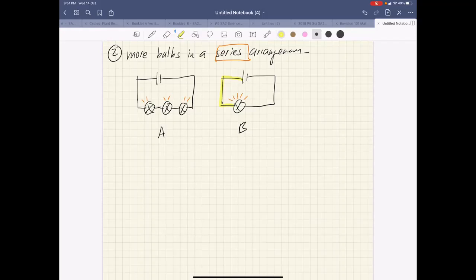In circuit B, there is only one traffic light, so electric current can flow faster. Whereas in A, because there's only one way, it has to go through 3 light bulbs, 3 traffic lights. Because of that, the flow of current is slowed down by a lot. So there is less current flowing through each bulb, and that is the reason why.